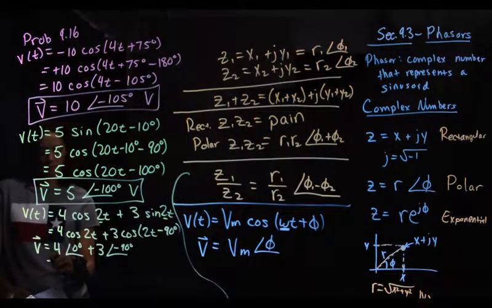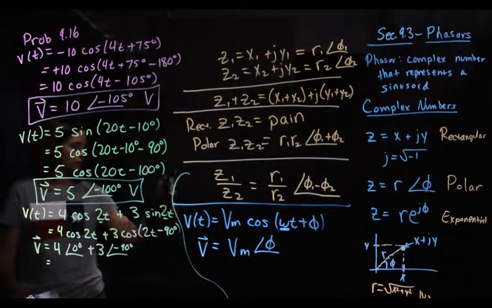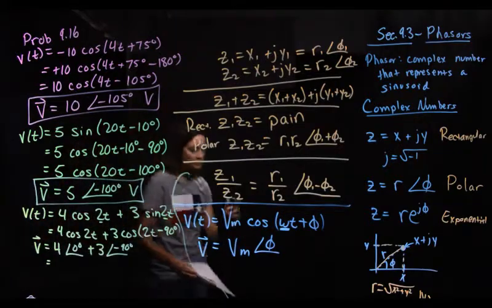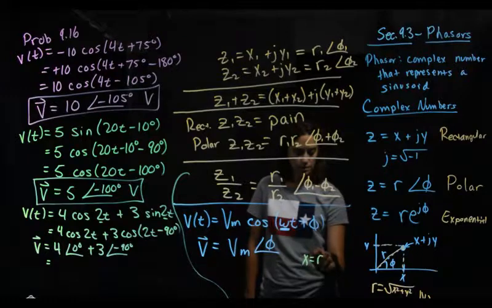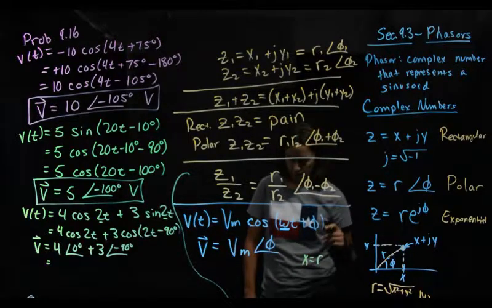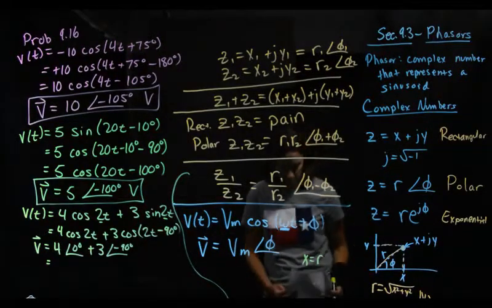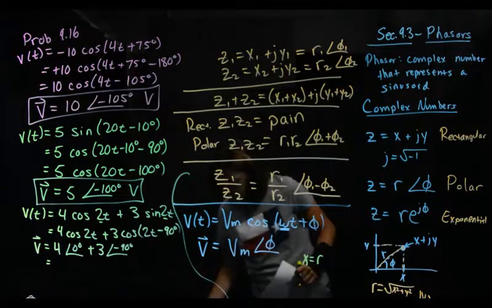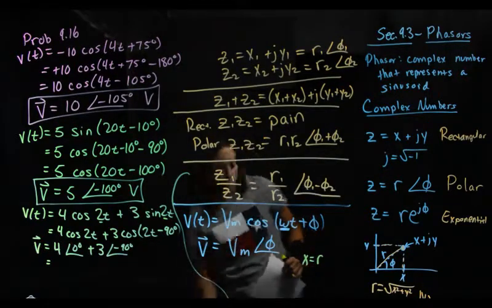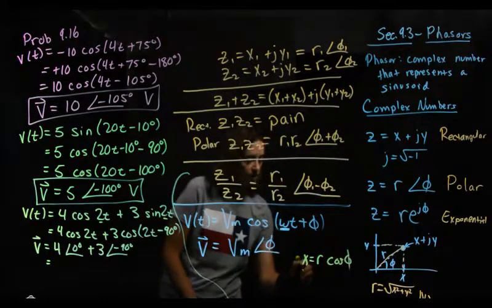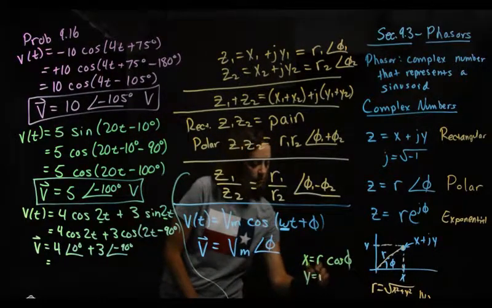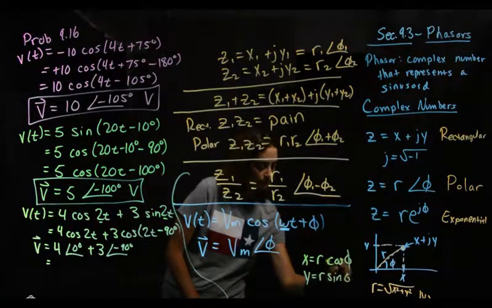I don't think I wrote going the other way over here. Here it is: x equals r cosine phi, y equals r sine phi.